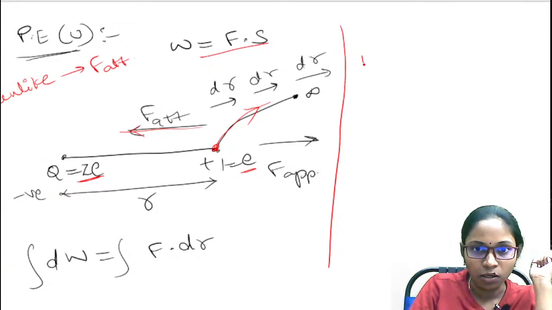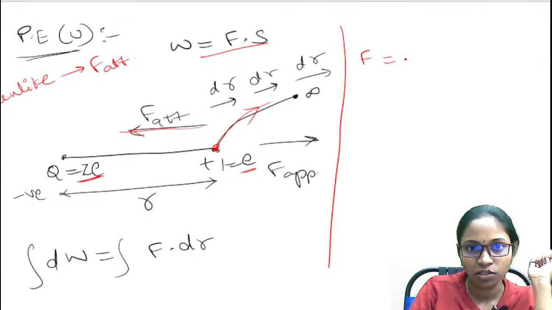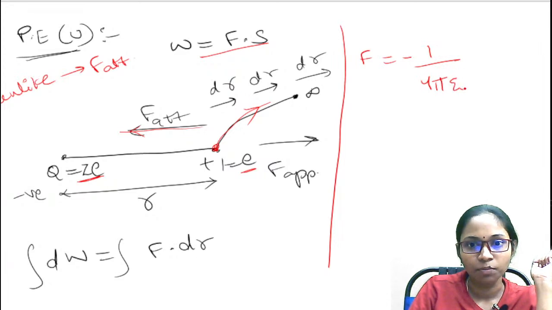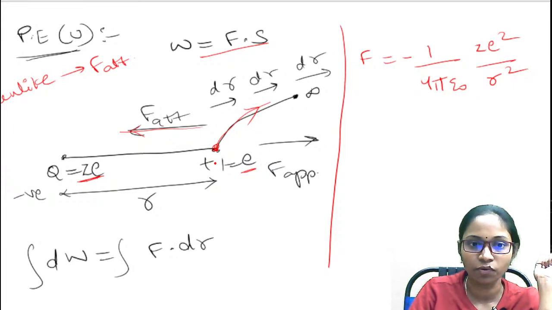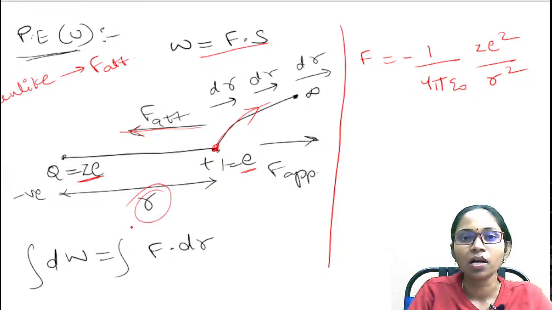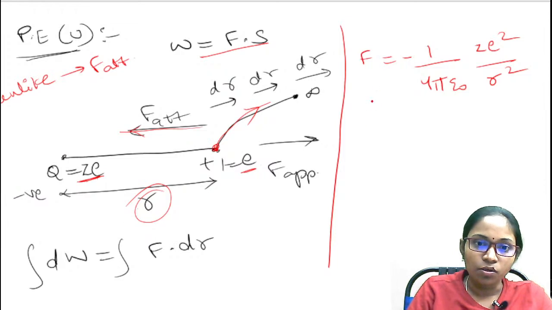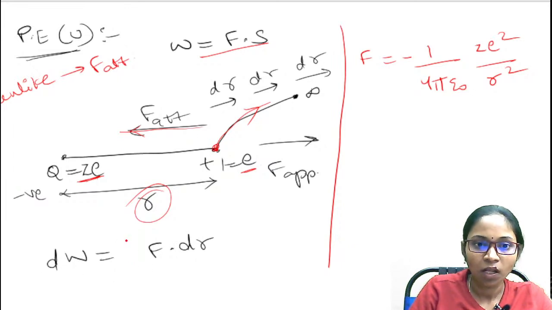Therefore here, according to Coulomb's force of attraction, the force will be equal to minus 1 by 4 pi epsilon naught into Ze square by r square. Ze into e will be Ze square by r square, where r is the distance between these two charges. And as per the work done formula, I just want to find out the total work done.